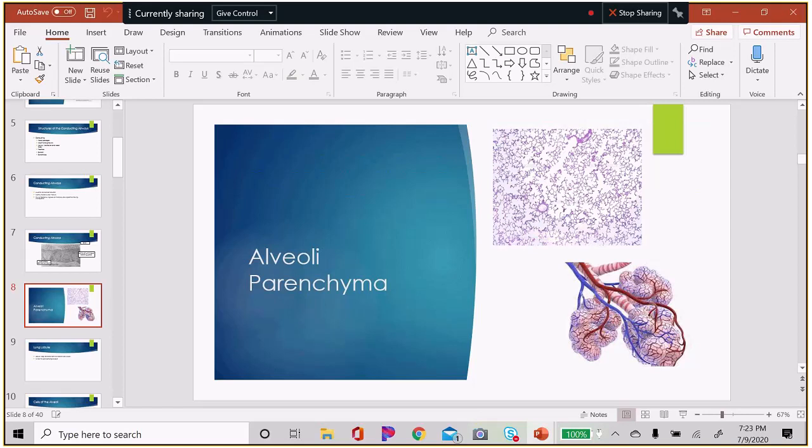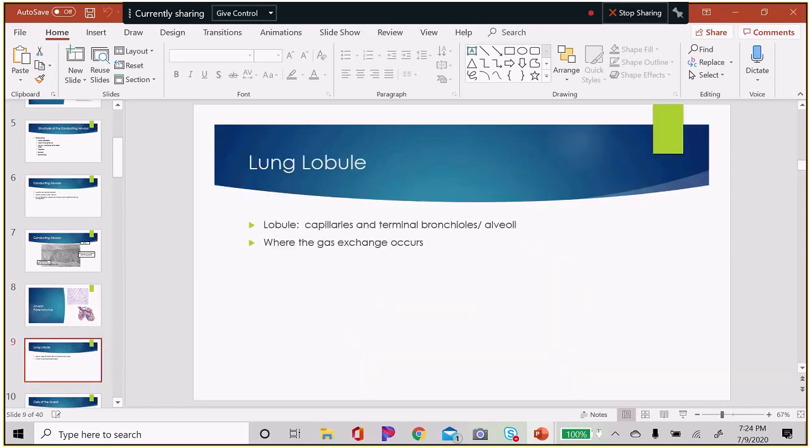The other type of lung tissue is the lung lobule, which is the alveoli, the little grapes at the end of the conducting airway. The terminal bronchi end with the alveoli, and the spongy tissue, which is called lung parenchyma.